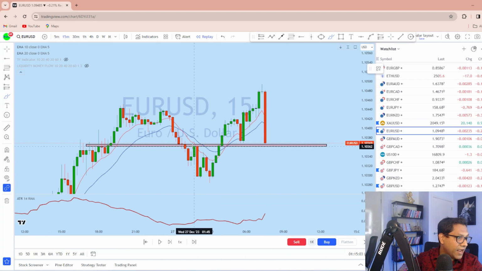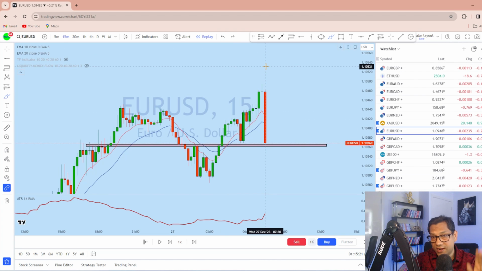This is where the neckline of this reversal pattern was. The price broke out of that reversal pattern, came back down, retested this previous resistance as a support, and we saw that Euro Dollar completely broke out of that level, maintaining an uptrending market structure.